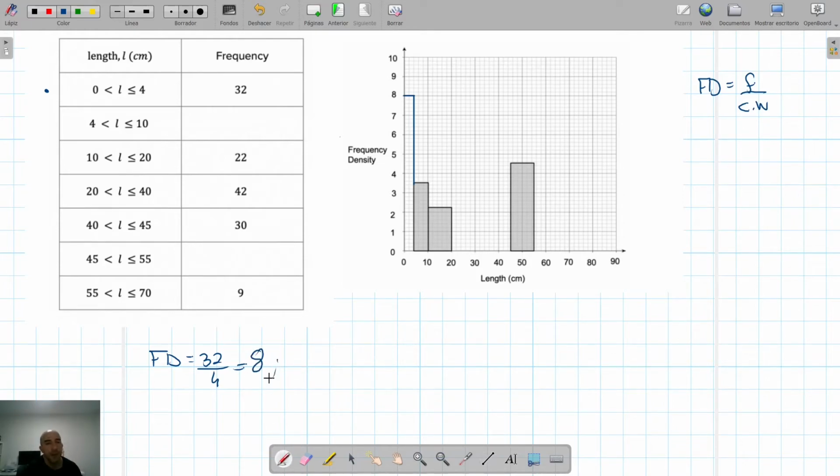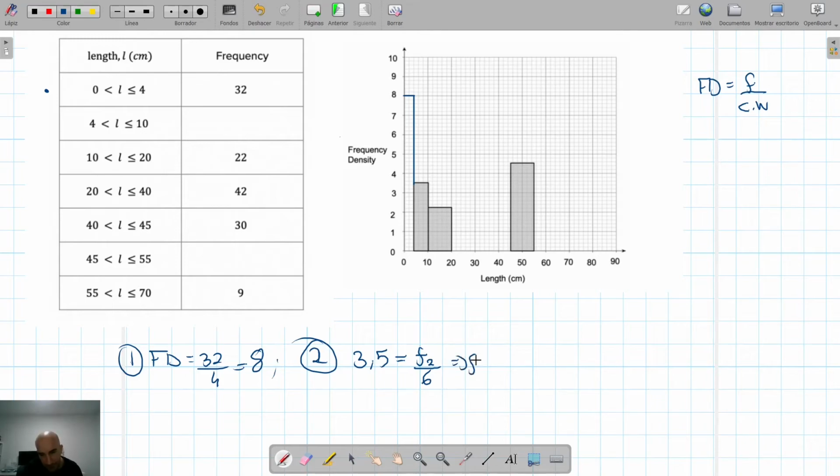So that's our first class drawn, our first interval. The second one, if you can read it, it's a bit small, is 3.5. So 3.5 for the second interval equals whatever our frequency is for the second one, which we don't know, divided by our class width, which is 6, since 10 minus 4 is 6.